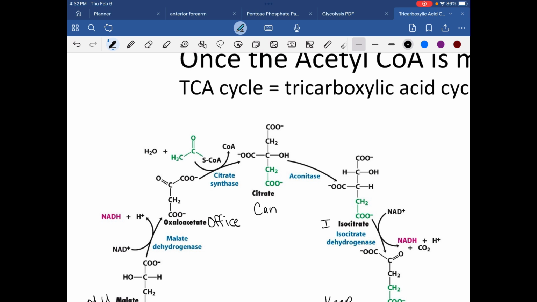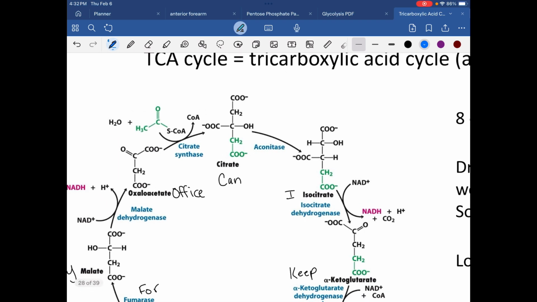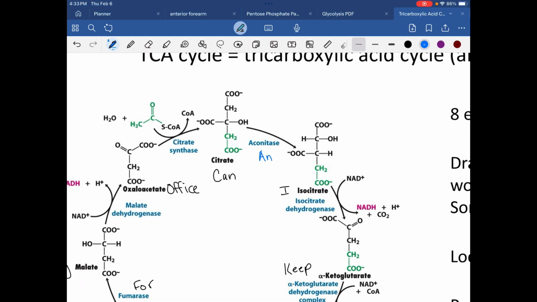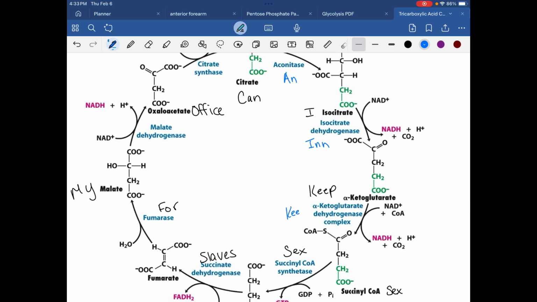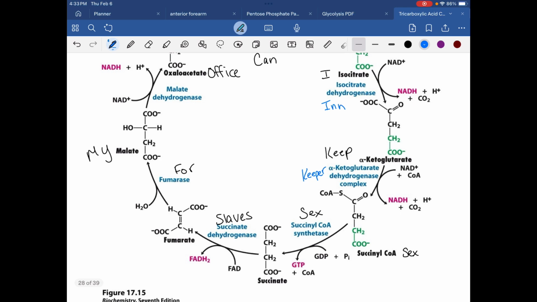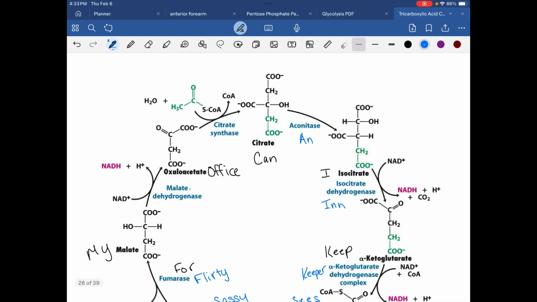I don't like that. I think it's a little misleading because pyruvate, once again, needs to be processed into acetyl-CoA to enter this process. And then for the enzymes, I have an innkeeper, C's, sassy, flirty, men, cooking.